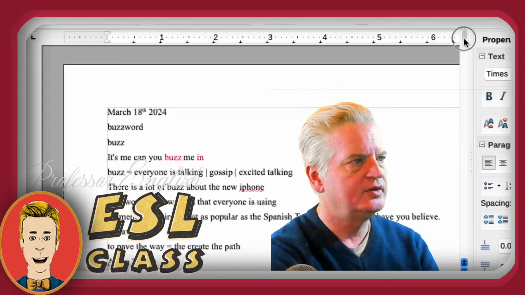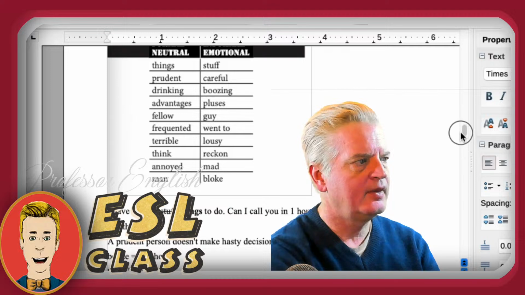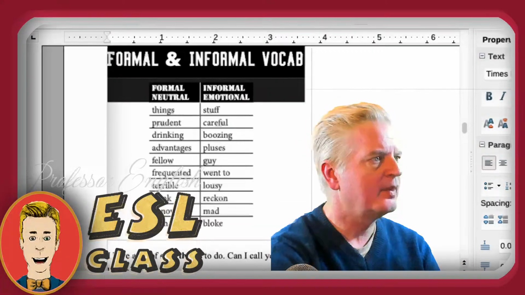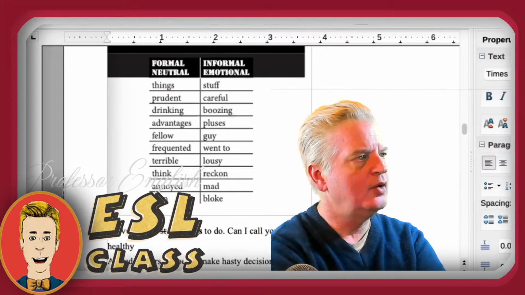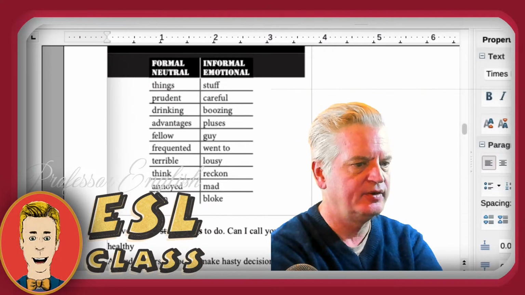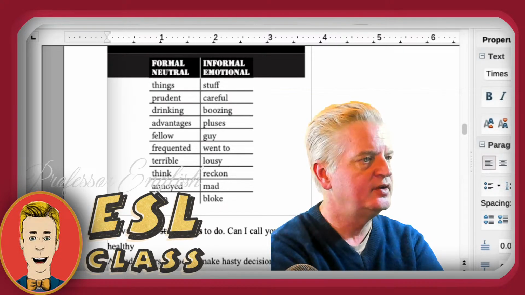Now, let's take a look at my list of synonyms. What would be another way of saying careful according to this chart? Prudent. How would you change that sentence? Mary needs to be careful with her investments using the word prudent.